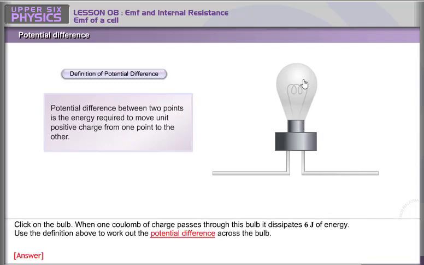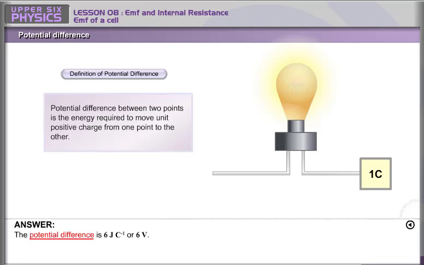Click on the bulb. When 1 coulomb of charge passes through this bulb, it dissipates 6 joules of energy. Use the definition above to work out the potential difference across the bulb. Answer: the potential difference is 6 joules per coulomb, or 6 volts.